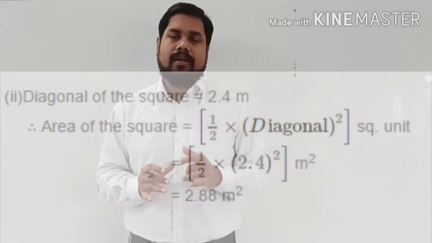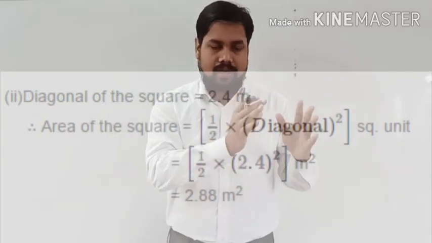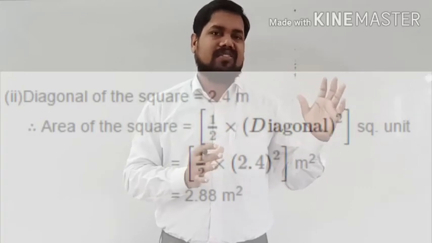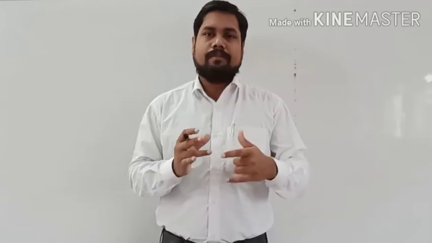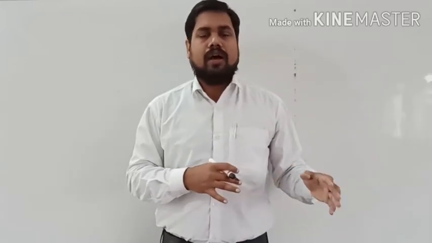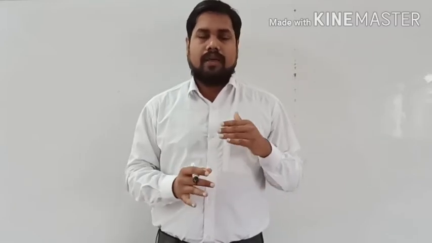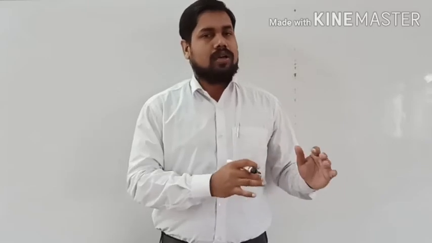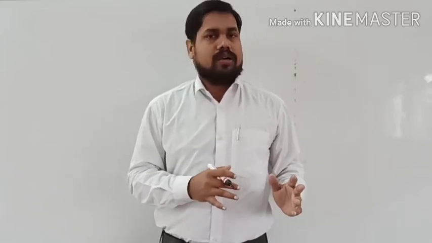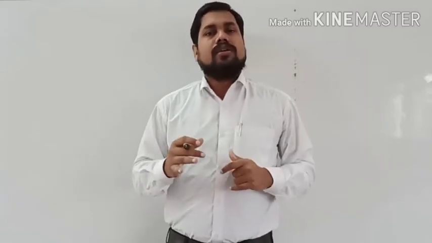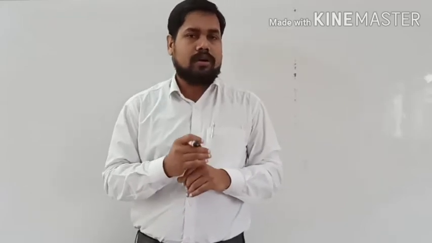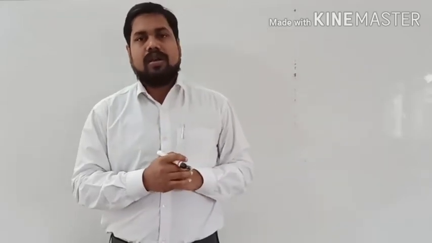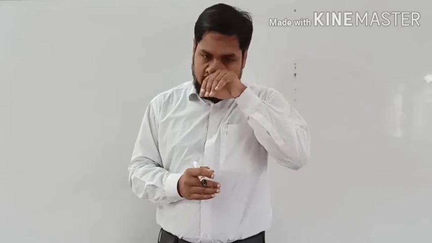So very simply, this is how if the diagonal is given of any measurement, you can find the area of the square by using this formula, half multiplied by the square of the diagonal. Okay, very nice.